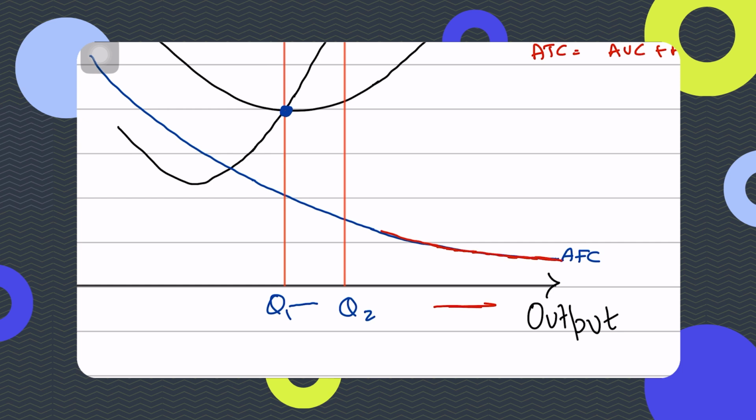Obviously it can't just keep on declining at higher and higher rates even at larger output. So the rate at which AFC declines starts going down to a point that it starts to flatten out, right?